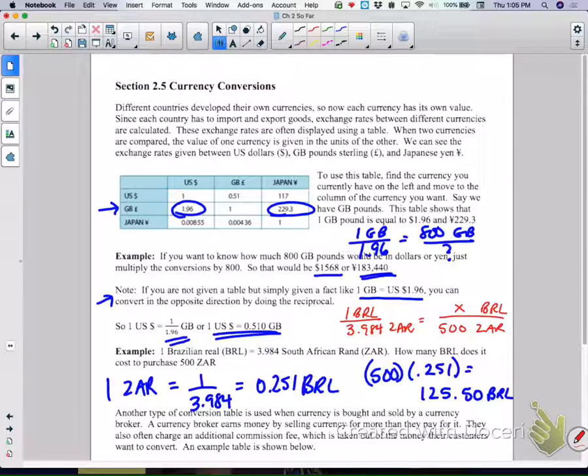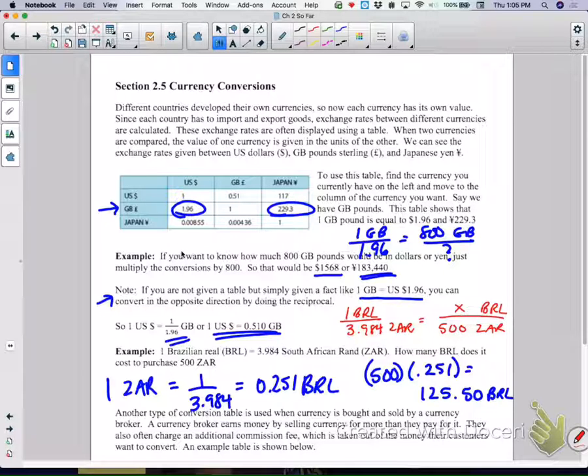So at this point, you can drop out all the letters, and you would have 1 over 3.984 is equal to x over 500. You end up doing the exact same arithmetic that we did, and you get the same answer. So again, I don't care if you like the proportion better, go ahead and do that.